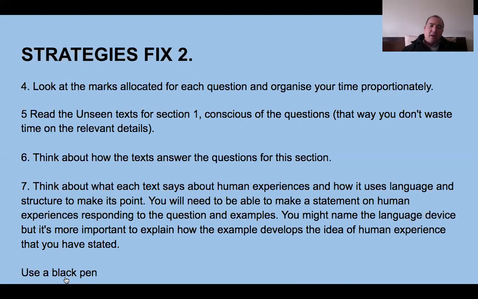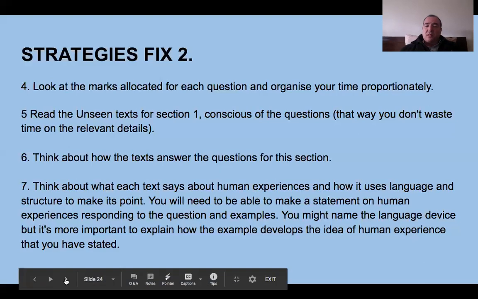And of course, try to use a black pen. There's a reason they ask for a black pen. It's easier to read, unless you've got special provisions. And it's like an instruction before you go into the exam. So it's like a small test of how committed you are to this particular task.